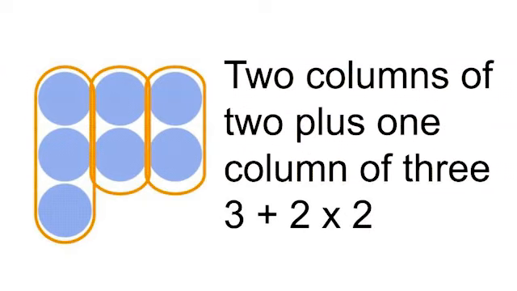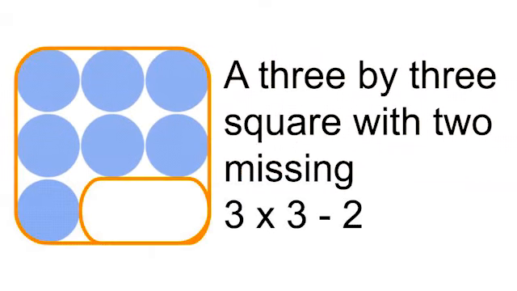For the next one, we will write it as 2 times 2 plus 3 because we've got 2 columns of 2 dots plus 1 column of 3 dots. The last one we'll write as 3 times 3 minus 2 because we've got a square that's 3 by 3 dots that's missing 2.